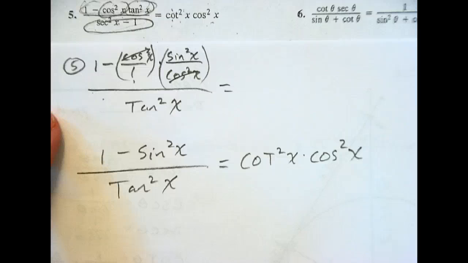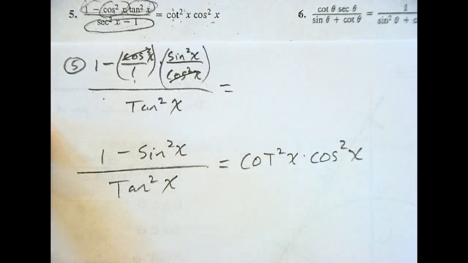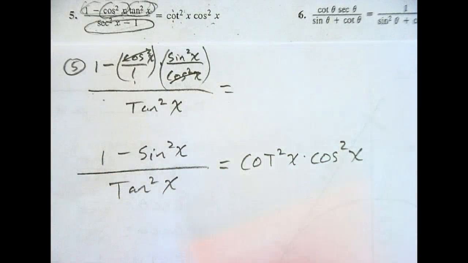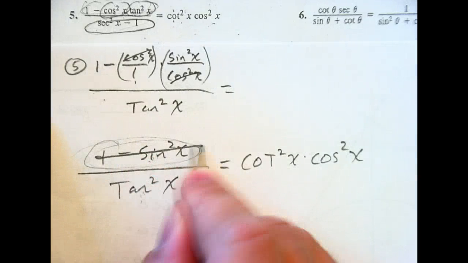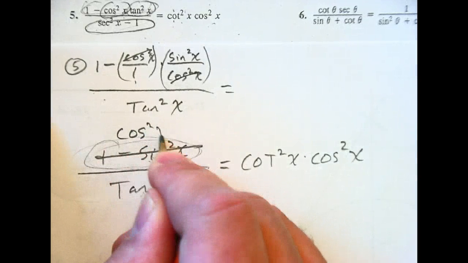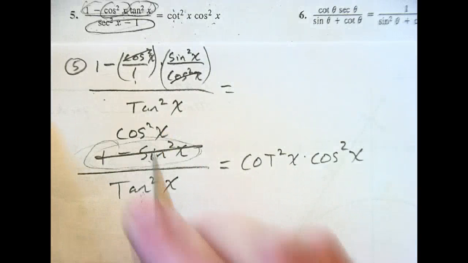I'm just kind of playing like maybe you don't know how it's going to help you. If I'm following the steps, I've simplified the top kind of. I can actually change this still. It's an identity now, right? That's cosine squared x. So cos squared x over tan squared x.